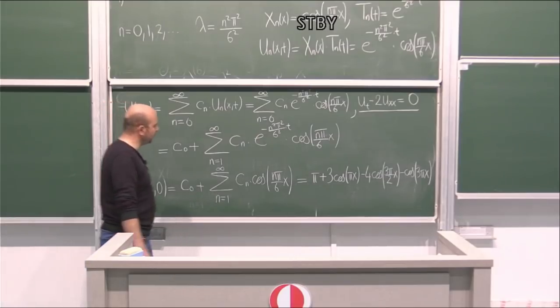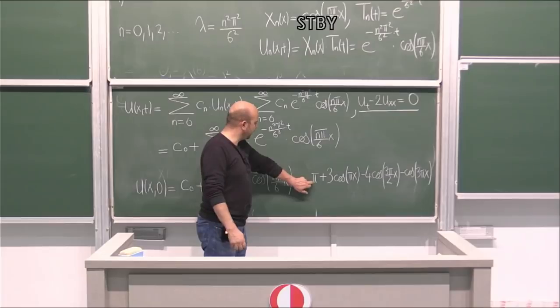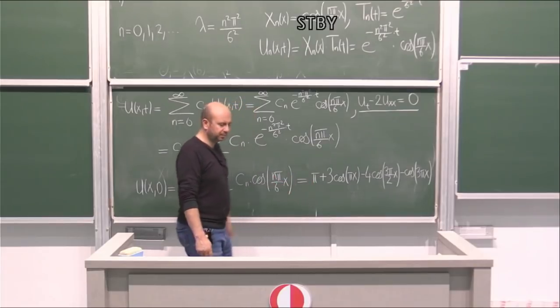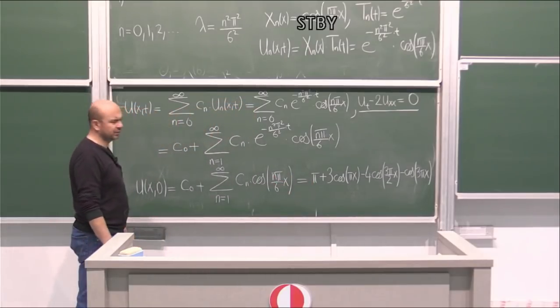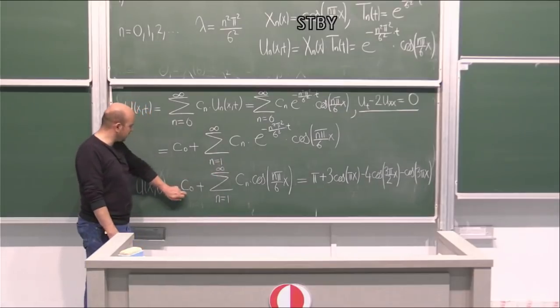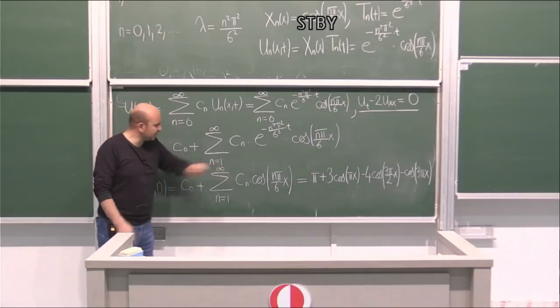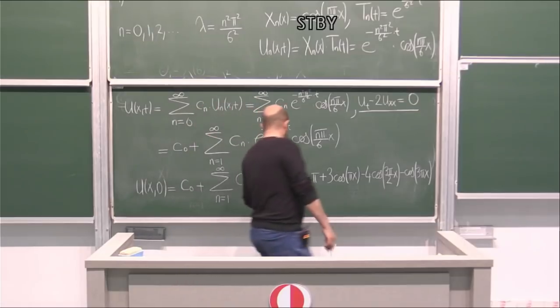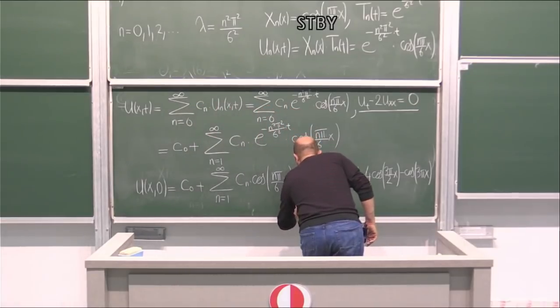But now what do you see here? We see pi. Pi is our constant. On this side, there is only one constant, that is c0, which means c0 must be pi. So c0 is then pi. This is the first thing.